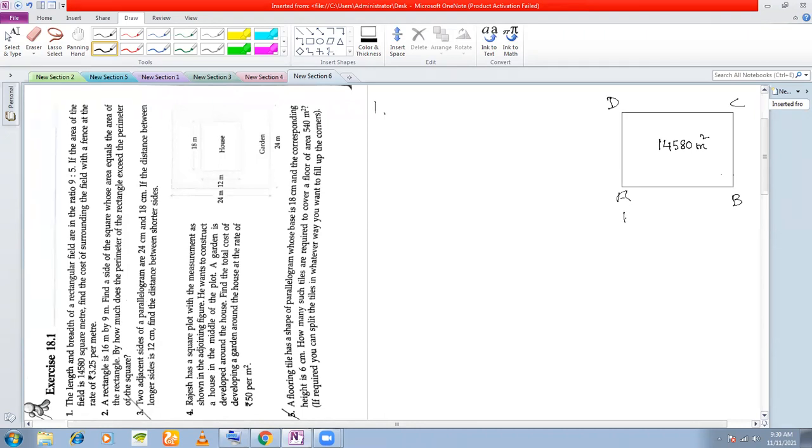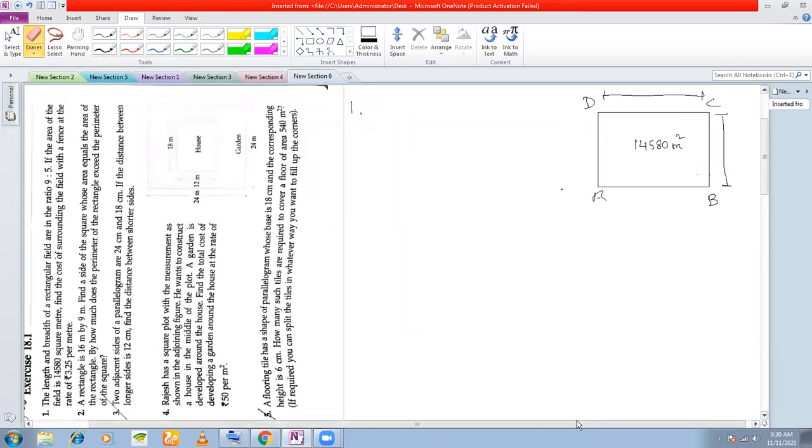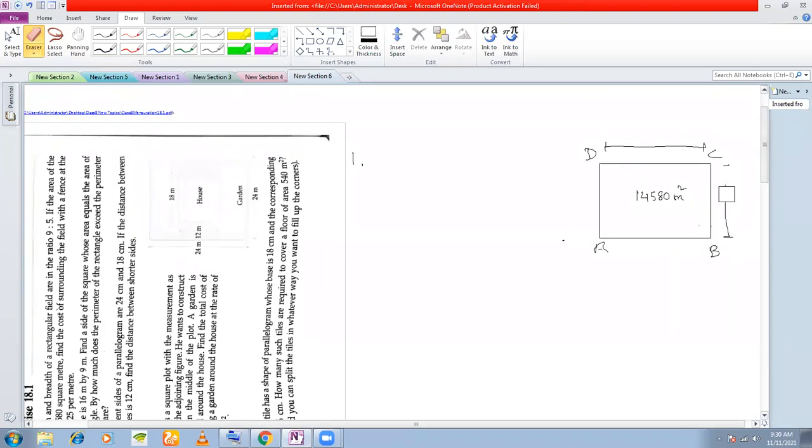That means you need to construct a fence along the border, along this border, and along this border. But do you know the length and breadth of this rectangle? Obviously, you don't. No, sir. Therefore, we'll first find out the length and breadth of this. Then we can calculate the cost of fencing.